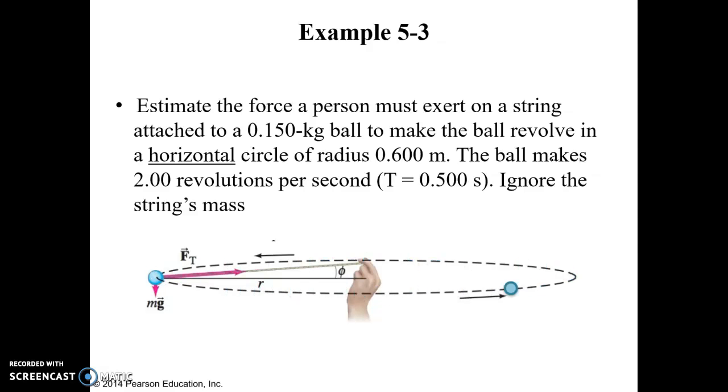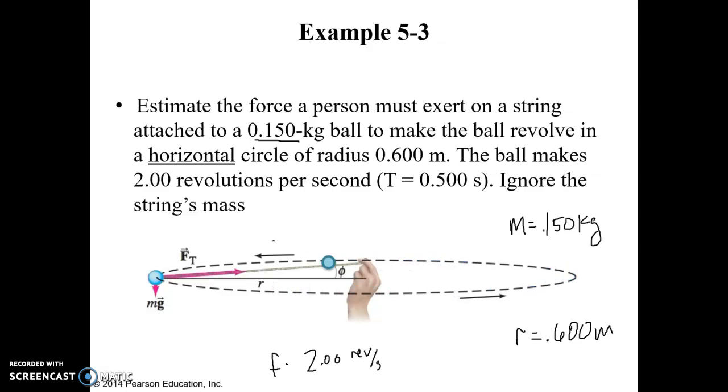Let's look at an example problem where we are spinning a ball on a string in a horizontal path. We have a mass of 0.150 kilograms. The radius r is equal to 0.600 meters. And it makes 2.00 revolutions per second.